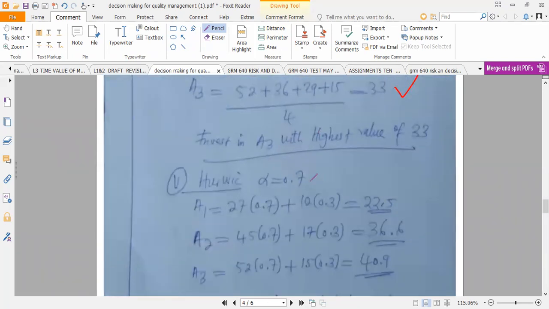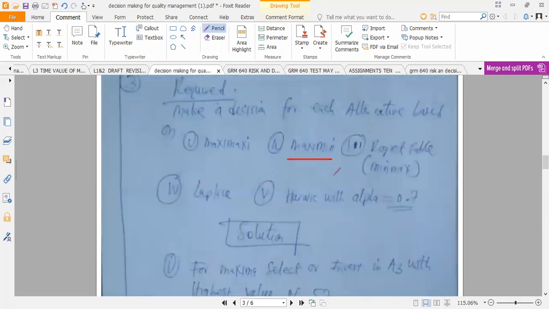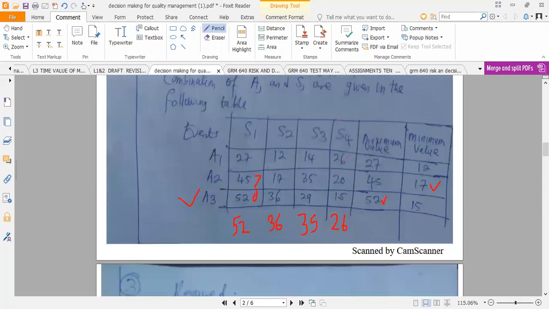Then we have what we call the Hurwicz. With the Hurwicz, we're given what we call our alpha. The alpha is often given. Then the beta should be the difference from the alpha, which is 0.3. So if 0.7 has been given, 0.3 must go to the minimum value from our max. Okay.